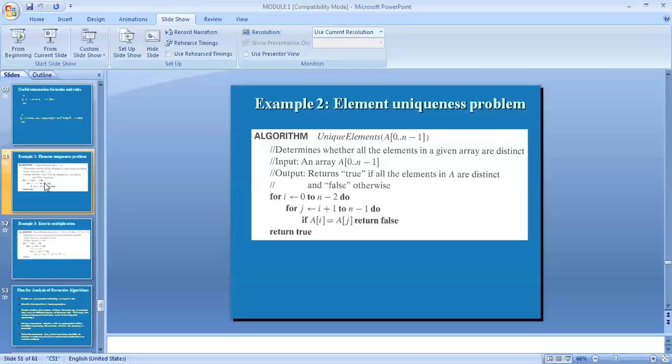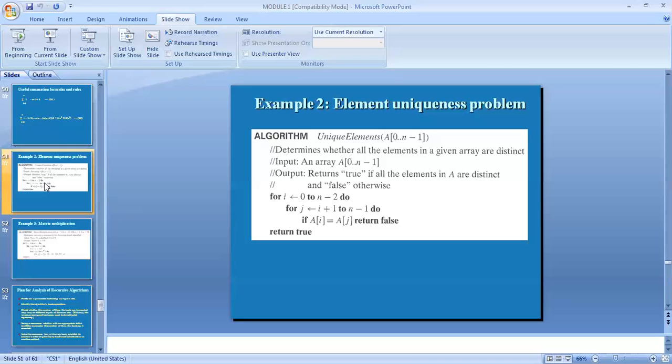For these inputs, one comparison is made for each repetition of the innermost loop, that is, for each value of the loop's variable j between its limits i plus 1 and n minus 1, and it is repeated for each value of the outer loop, that is, for each value of the loop's variable i between its limits 0 and n minus 2.